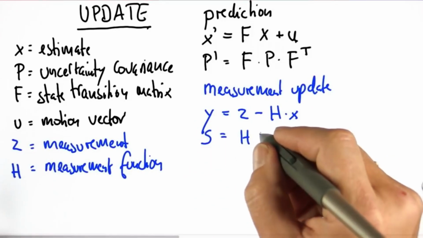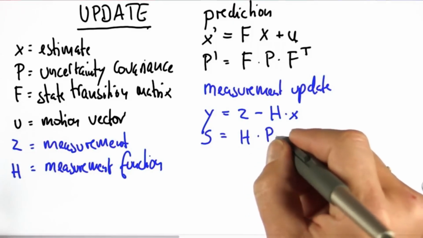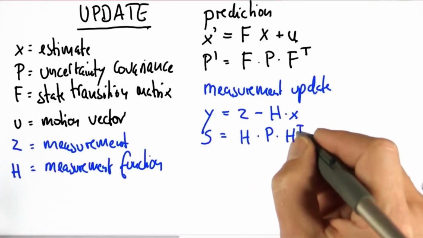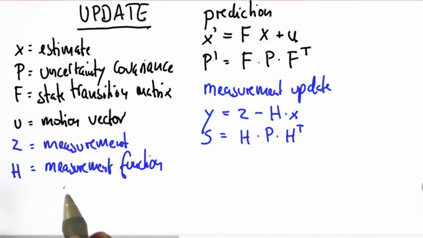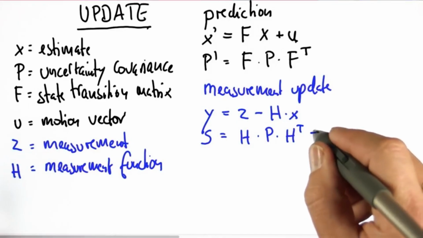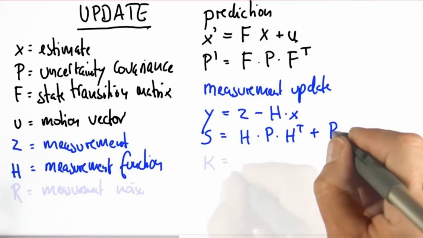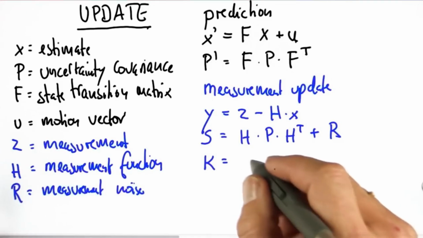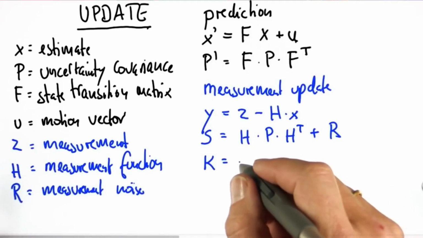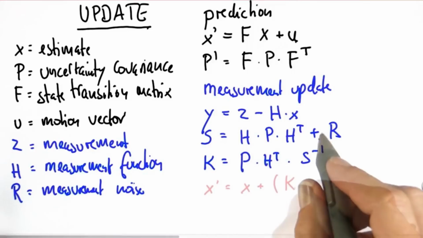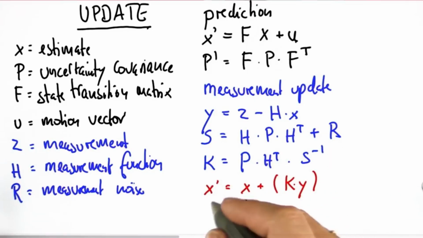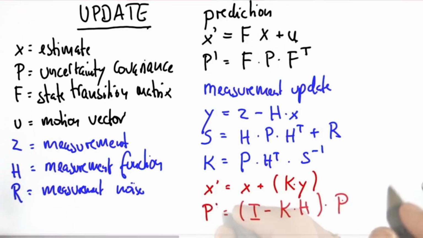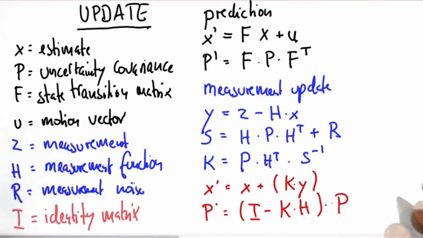The error is mapped into a matrix S, which is obtained by projecting the system uncertainty into the measurement space using the measurement function projection, plus a matrix R that characterizes the measurement noise. This is then mapped into a variable called K, which is often called the Kalman gain, where we invert the matrix S. And then finally, we actually update our estimate and our uncertainty using what ought to be the most cryptic equation that you've seen in a long time.